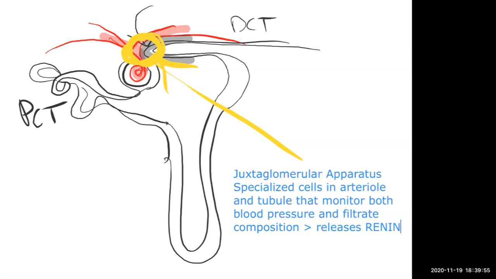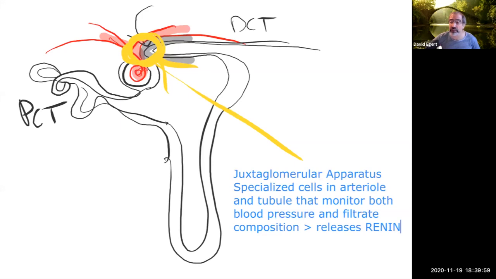It gets converted into angiotensin 2. Yeah, angiotensin 1 becomes angiotensin 2 through the action of angiotensin converting enzyme, ACE. Like I said, one of the major drugs for high blood pressure are ACE inhibitors, things that are going to stop this process at this point. But assuming you're not on an ACE inhibitor, what happens next to bring your blood pressure back up?